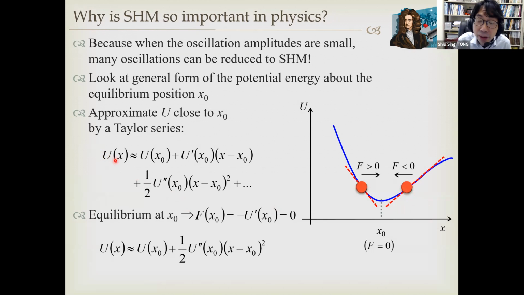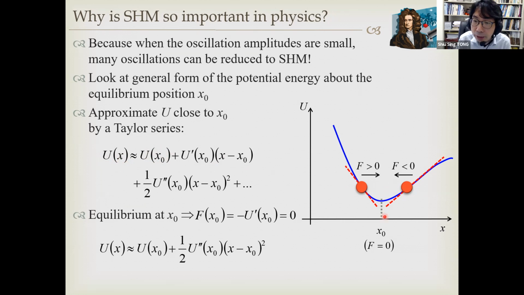Do you remember the Taylor series expansion? That's why we learn a lot of approximation, because approximation is actually very important in physics. Now we expand the shape of the potential energy curve about the equilibrium position as a Taylor series. So U(x) can be approximated by what?